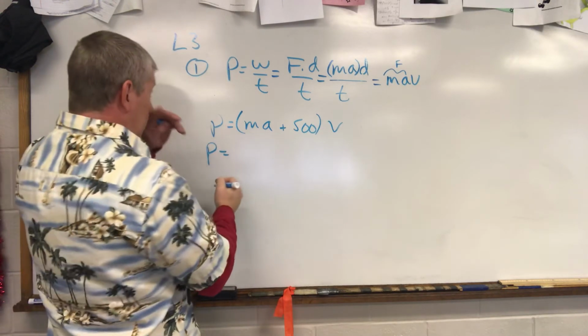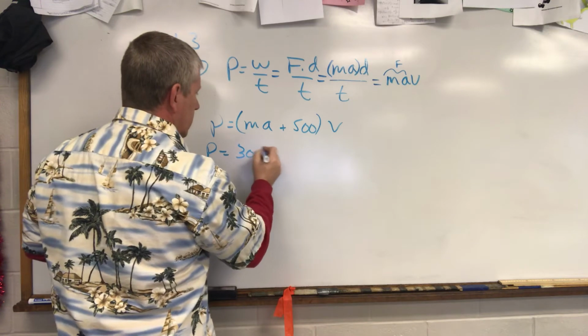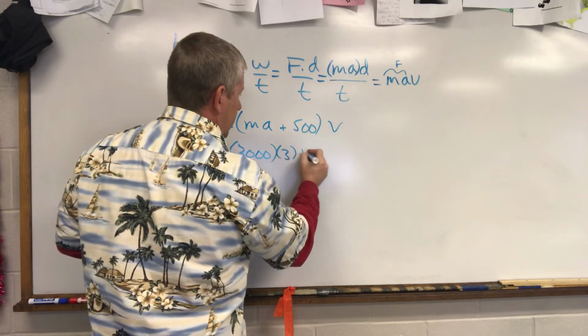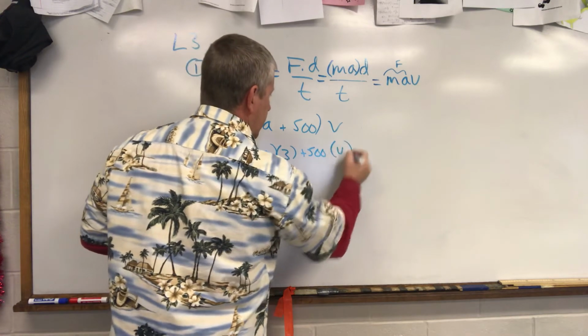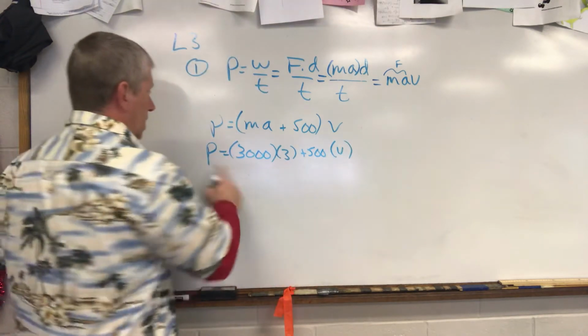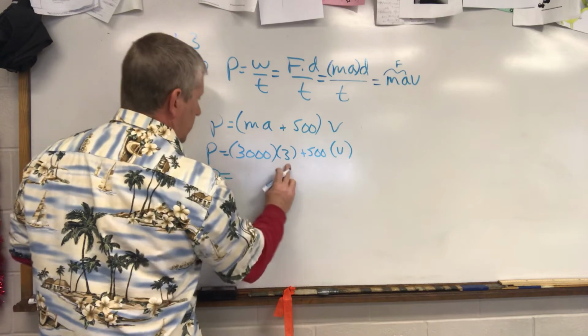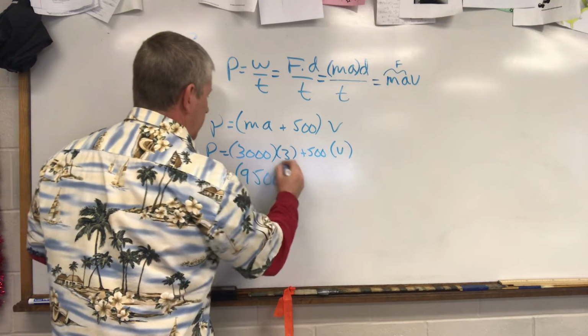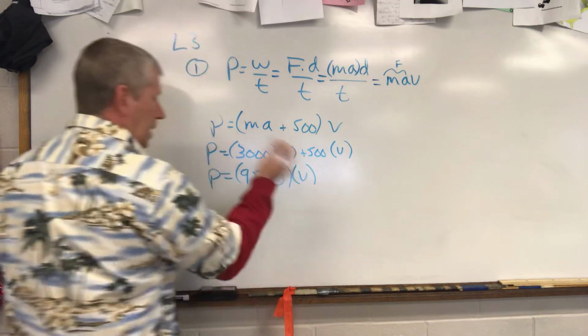So mass, 3,000. The acceleration is still 3. This is 500 times V. This is 9,500 times V, and we're good to go.